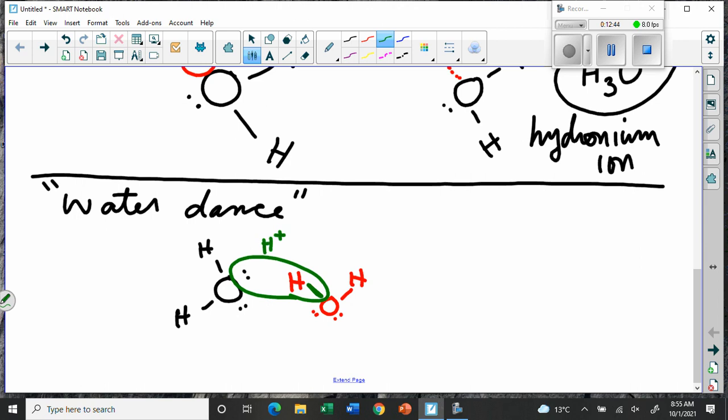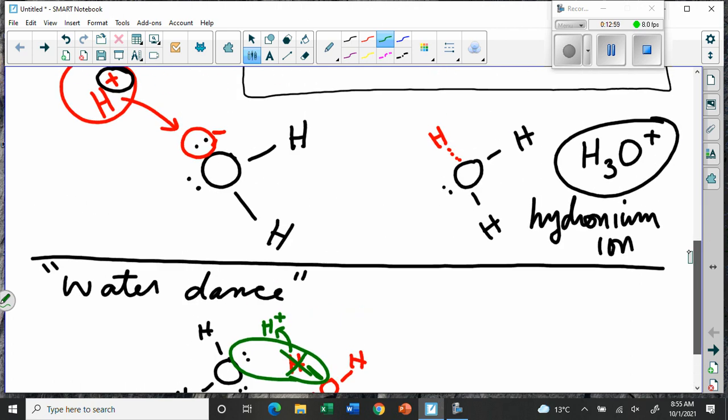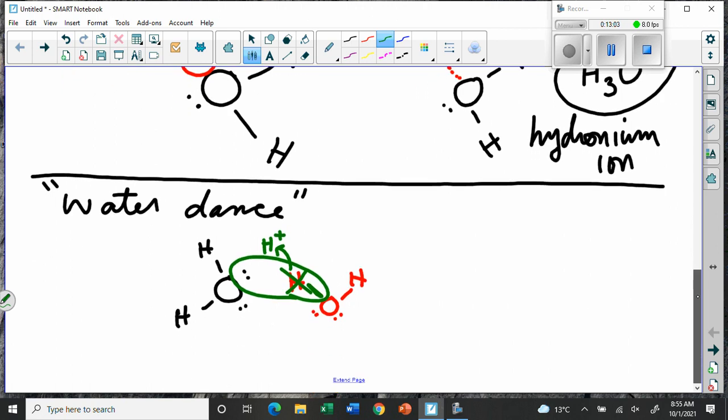It could break off of there. I'll draw it in green. So he's no longer there, but he left his negative electron behind. That's why he's a plus. And then, as we saw up here, a positive hydrogen can link up to the oxygen where it has 2 electrons. So he could actually go over here and link up to there.